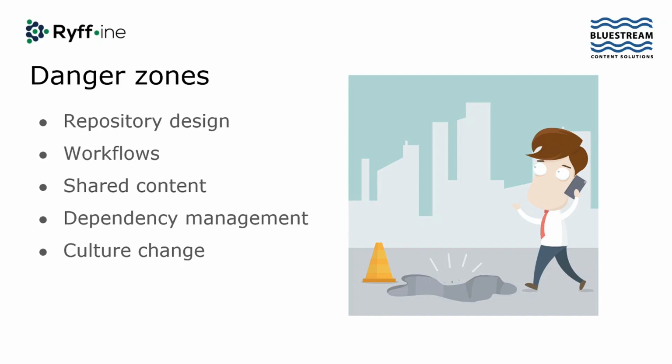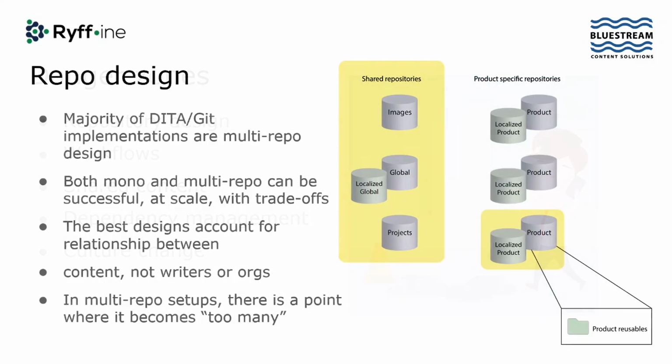So I'm going to go through these one by one, and I'll try to be quick here so that we save plenty of time for people to ask questions and delve into any of these. So the first one is repo design. On the next slide here, Rick, if you could change. Okay, so our repositories with Git.